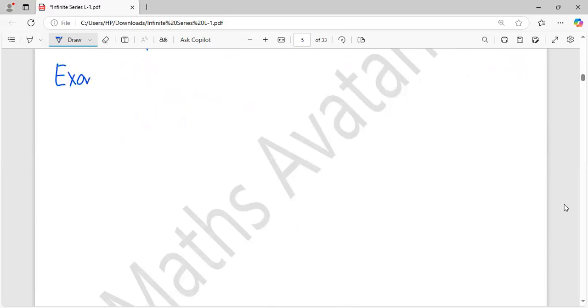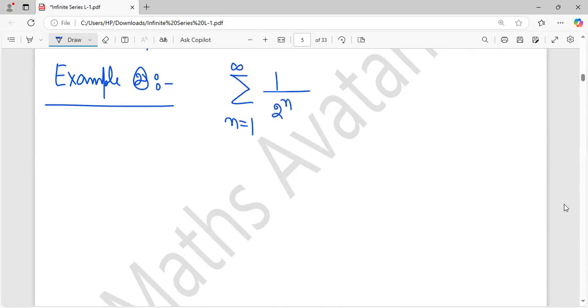So example 2. Summation n goes to 1 to infinity 1 upon 2 to the power n. Okay. So what is an? It is 1 upon 2 to the power n for all n belongs to N. So what is Sm?